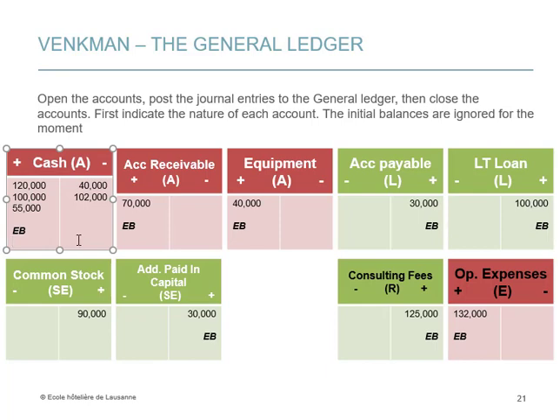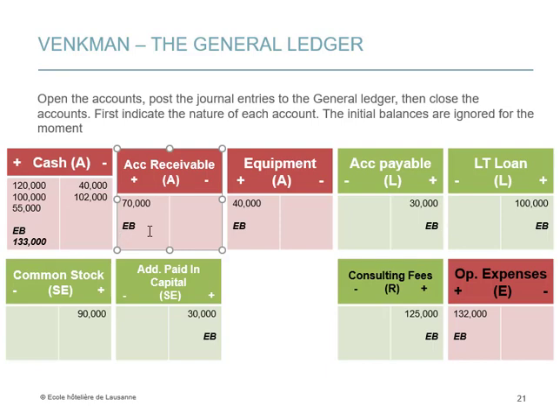So we add all these three numbers, 120,000 plus 100,000 plus 55,000, and then minus 40,000 minus 102,000. And all this calculation should give us 133,000.